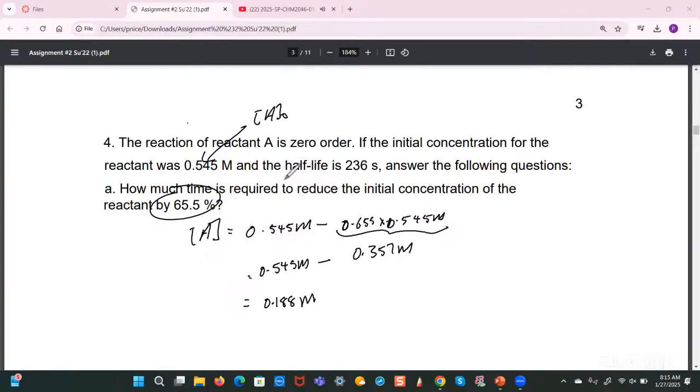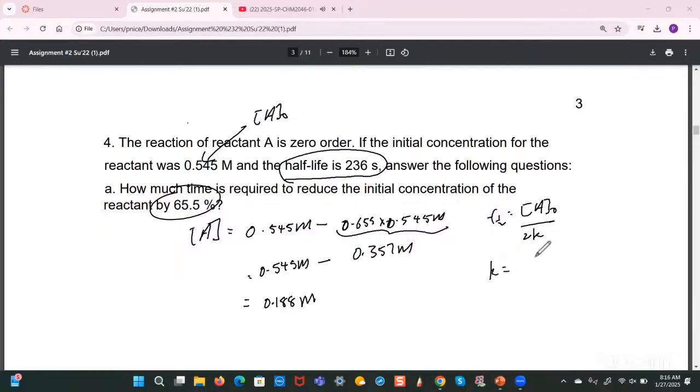Now, the question says that the half-life is 236 seconds. Now, remember, the equation that we are given for the half-life is equal to the initial concentration of A divided by 2K, right? So therefore, we can find out what K is.